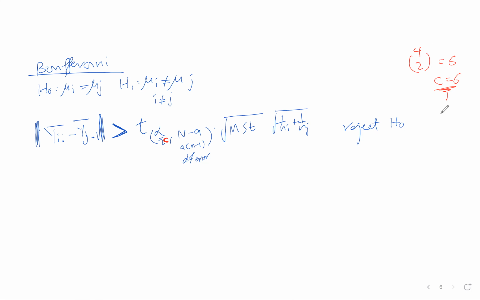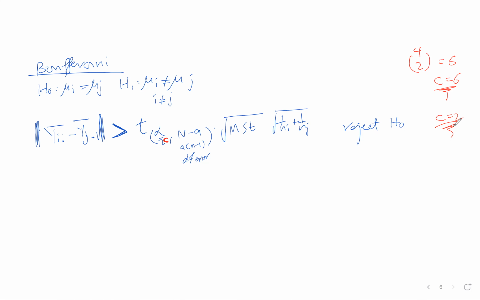Maybe we are interested in testing only mu1 and mu2, mu1 and mu3. So only two pairs, so c will be 2. So sometimes c is not the maximum number of pairs; it can be less. So this is the contribution of Bonferroni. He suggests to divide alpha by 2c, not 2.